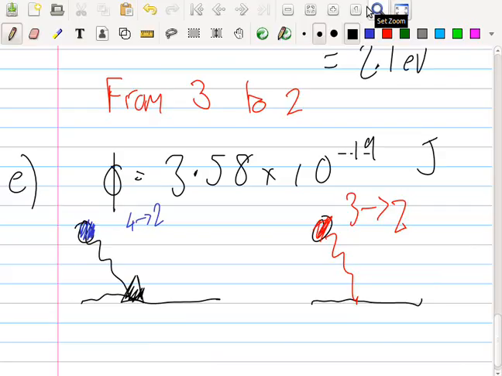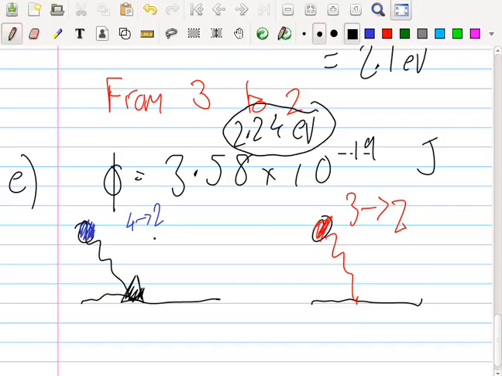More energy now. Yeah, the first one will have more energy than the second one. And how much energy do you need to release an electron? Well, that's what the work function is. So if you did the calculation, this 3.58 and so on will turn out to be 2.24 electron volts.